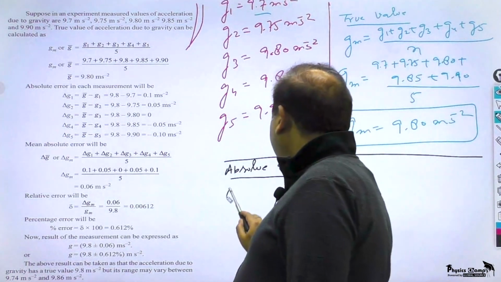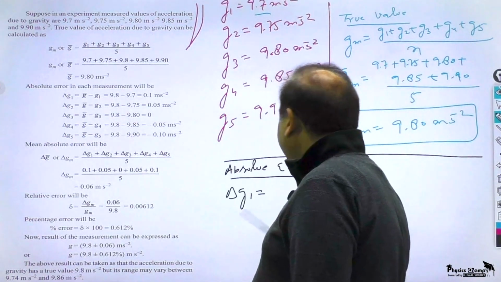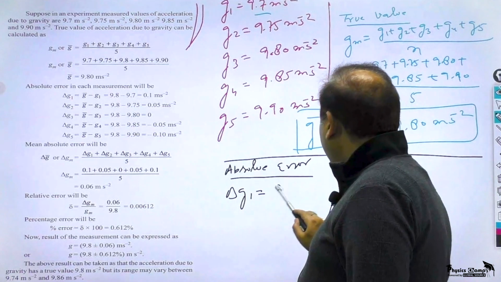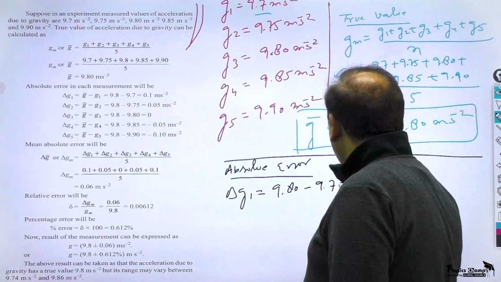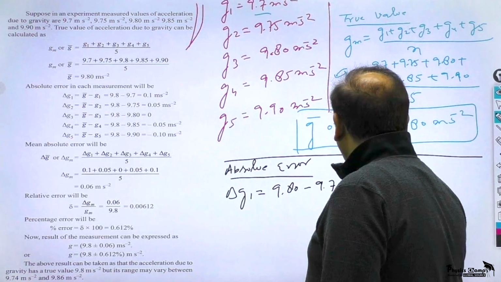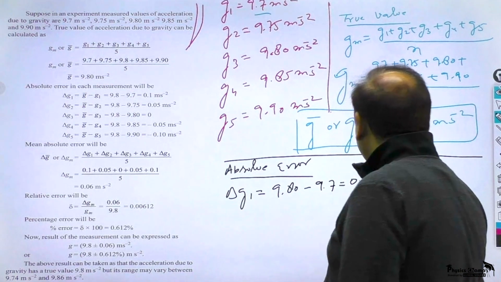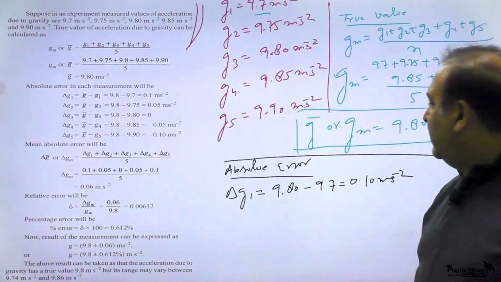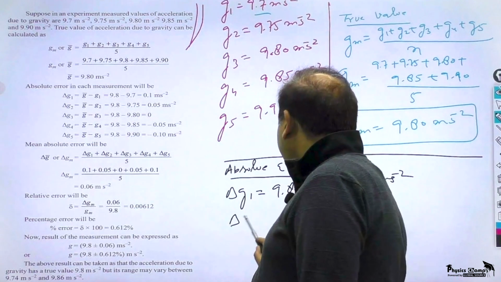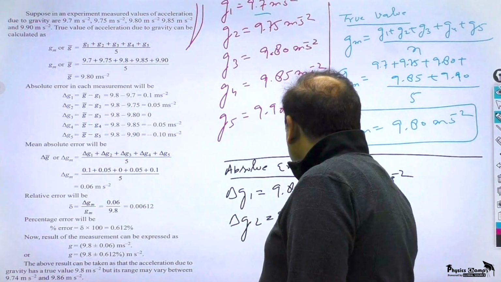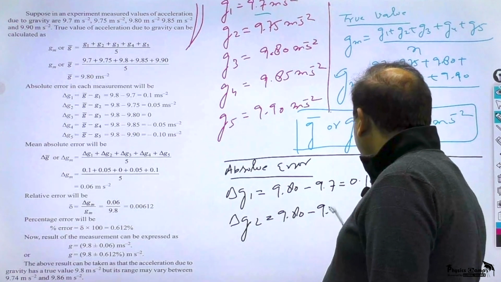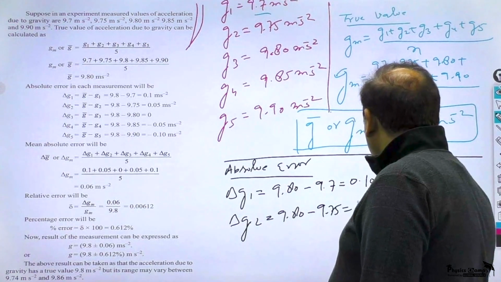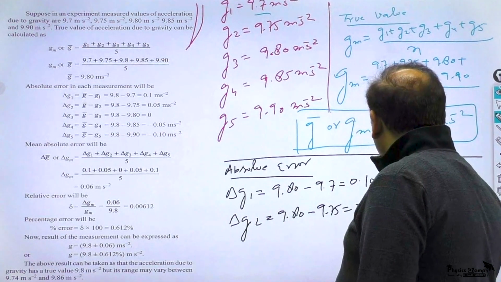If I say what is absolute error in the first reading, it will be 9.80 minus 9.7, 0.10 meter per second square. Similarly, absolute error in the second reading will be 9.80 minus 9.75. So it is 0.05 meter per second square.